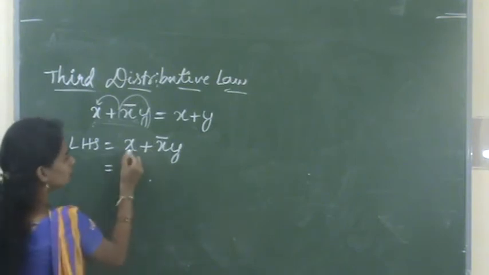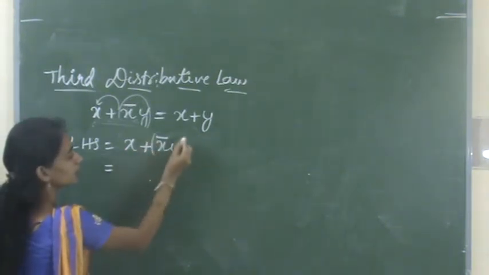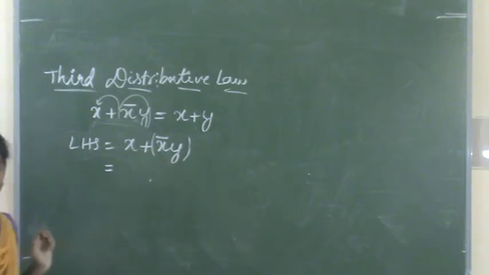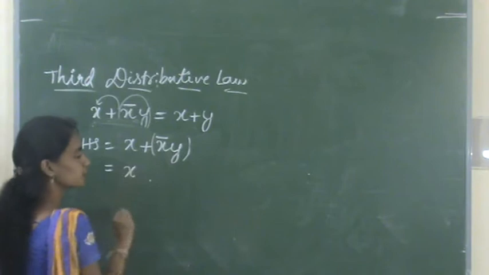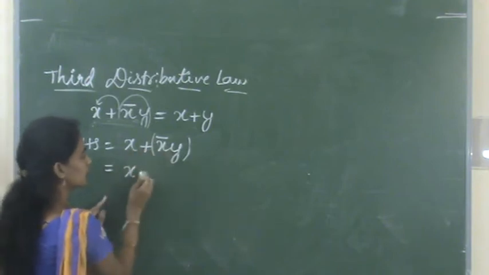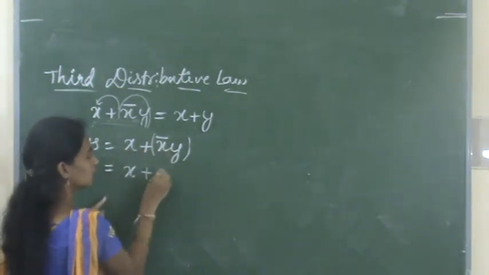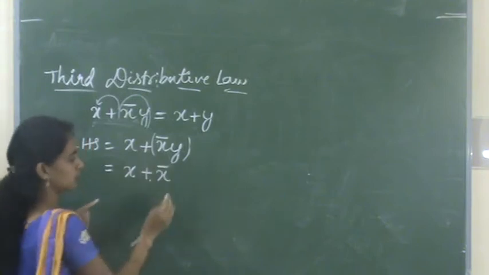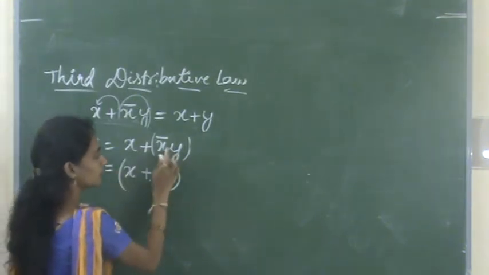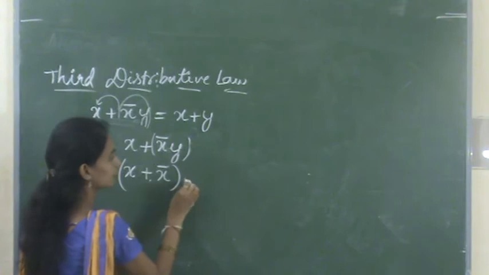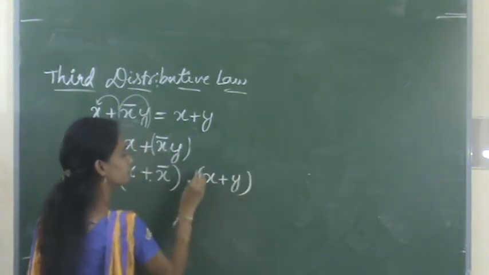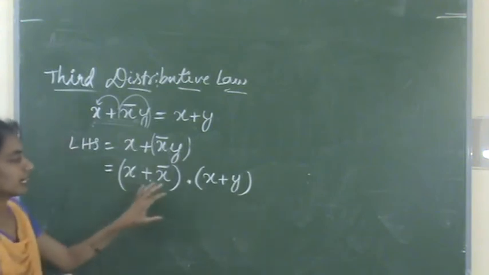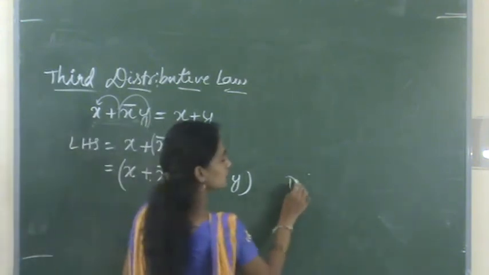Okay. So what we have to do? You have to multiply this, right? So x, apply distributive law, that is x plus x bar into x plus y. Okay. So here I am applying the distributive law.